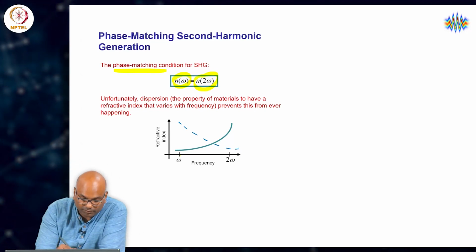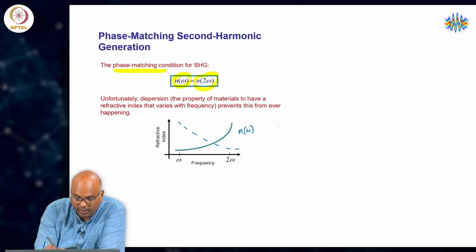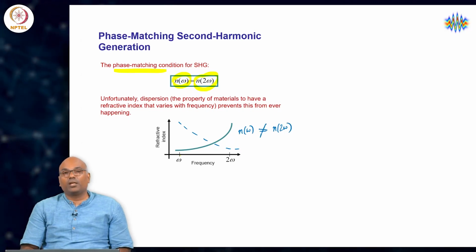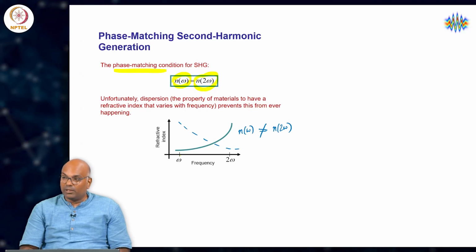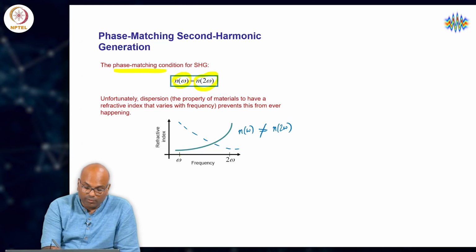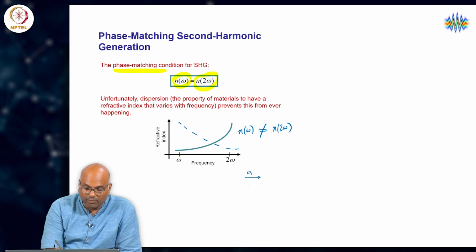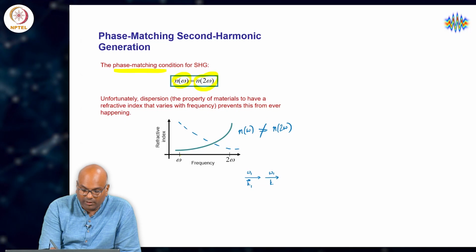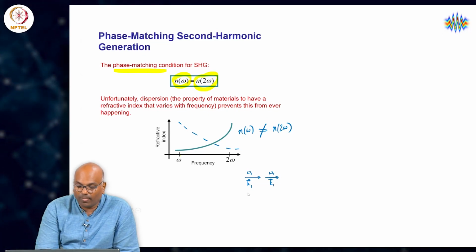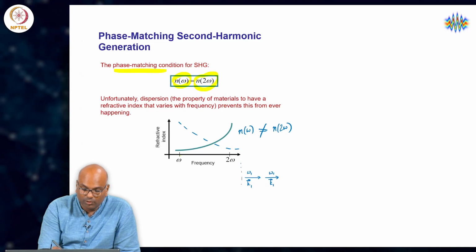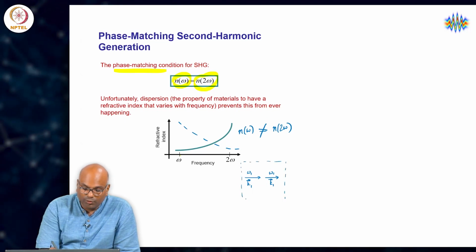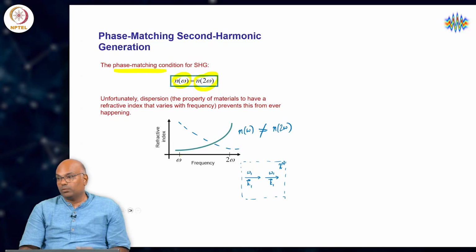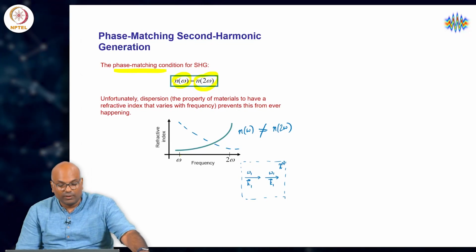So, once again, n of omega and n of 2 omega being equal would neither in the case of normally dispersive media nor in the case of anomalously dispersive media be possible in the scenario we consider, where the beam at frequency omega 1 and the beam at frequency omega 1 with k vectors parallel to each other are being made to interact in a medium with second order susceptibility chi 2.